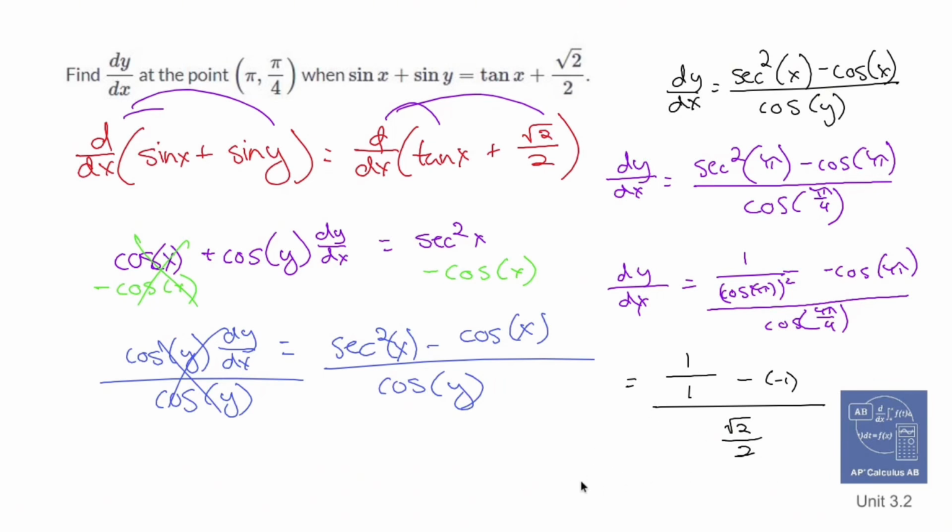So that gives me 1 minus -1 is 2, over root 2 over 2. Multiply the top and the bottom by 2 over root 2, and you get 4 over root 2. If you wanted to, you could simplify it to 4 root 2 over 2, which is 2 root 2 when all is said and done. But we're going to leave it like that.